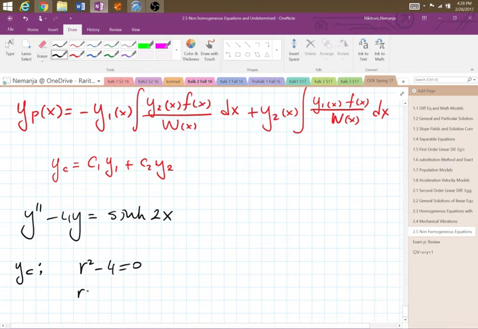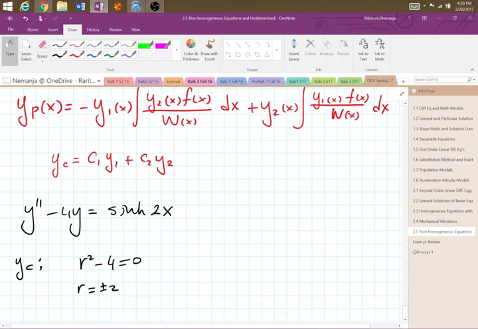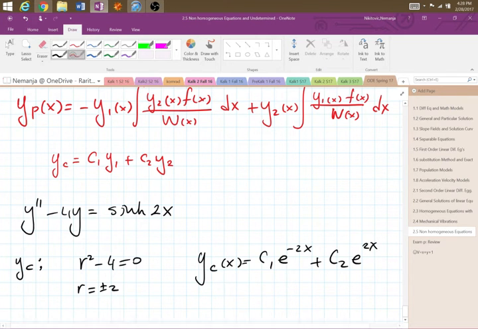So we see that r is immediately plus minus 2, which gives us the complementary solution yc of x to be c1e to the negative 2x plus c2e to the positive 2x. And I'm just going to say hello y1 and y2. They have to be obviously linearly independent.